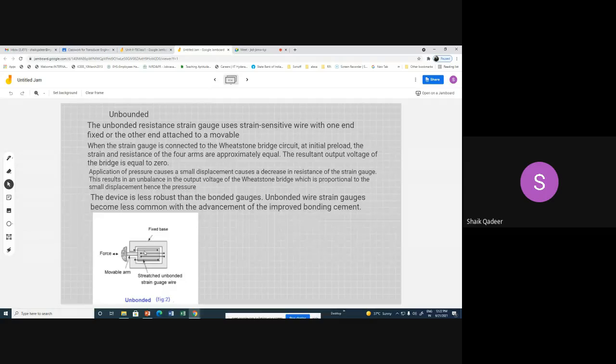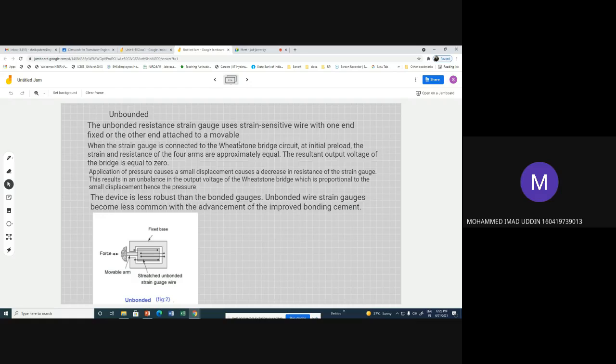I will tell you straightforward right now. There are two methods available with the help of which the applied stress can be measured. One is the Wheatstone bridge, another one the potentiometer. Hope it is clear to everybody.